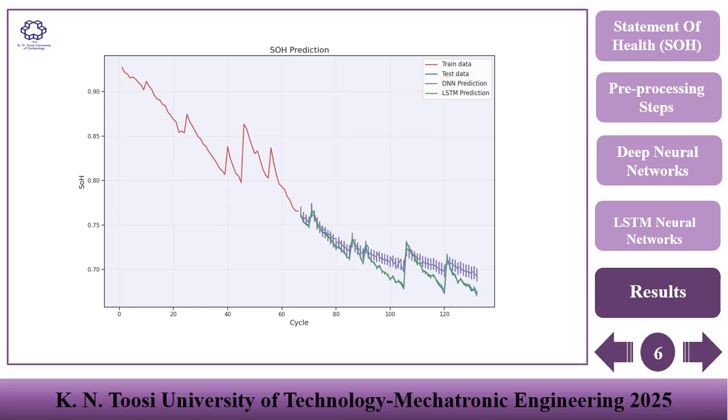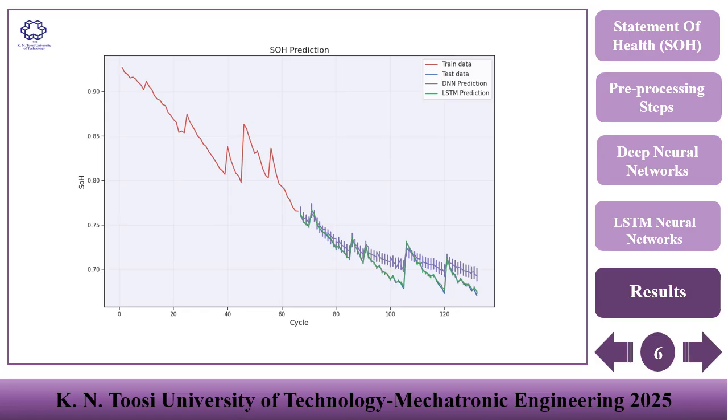Now, let's examine the core of our project: the results of our state of health predictions and how our models performed. As the slide outlines, our process began by splitting our dataset into training data, used to teach our models the complex patterns of battery degradation, and test data, used to evaluate their real-world predictive accuracy on unseen information.